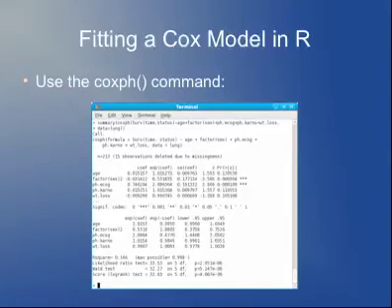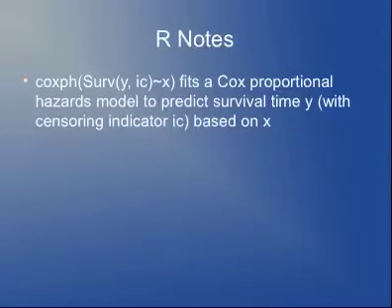So, in general, if you say coxph, Surv object, y, tilde x, that'll fit a Cox proportional hazards model to predict a survival time based on a covariate or series of covariates. The code that you enter into R is exactly the same as you do for ordinary linear regression with the lm command.